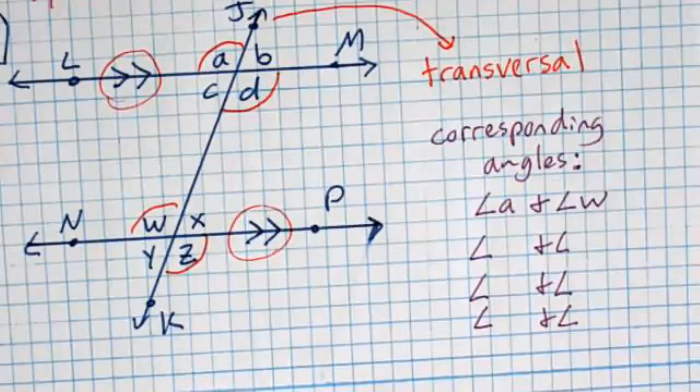What else? So those are points. There's only 8 angles. I could draw some more lines and then you're right.